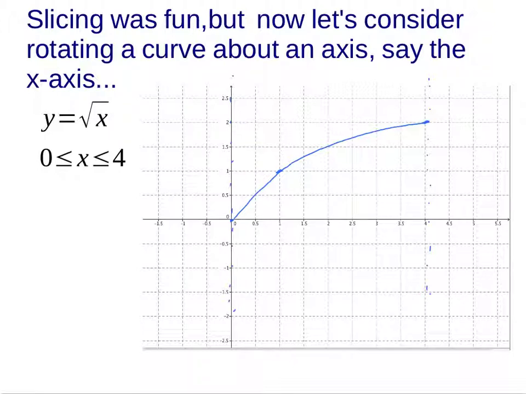So what we mean by solids of revolution is the following. We're going to take this curve and rotate it around a particular axis, in this case the x-axis, and it's going to make a solid. This one's going to look something like the end of a bullet. Ooh, I missed it.